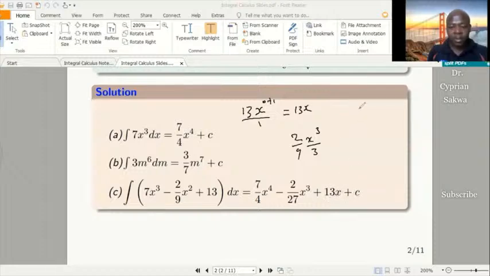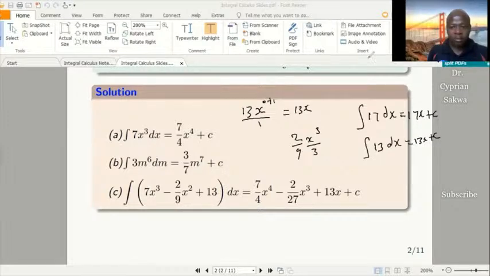So what you're saying is that the integral of a constant 17 would be 17x plus c, or for this one, the integral of the constant 13 is 13x plus c. So that's what I've used here: when you're integrating a constant with respect to x, just add x to that.